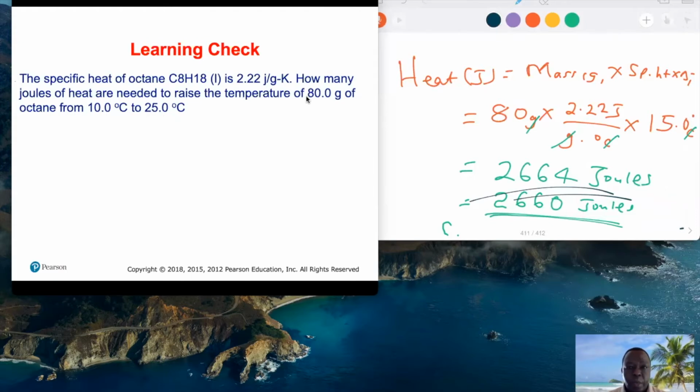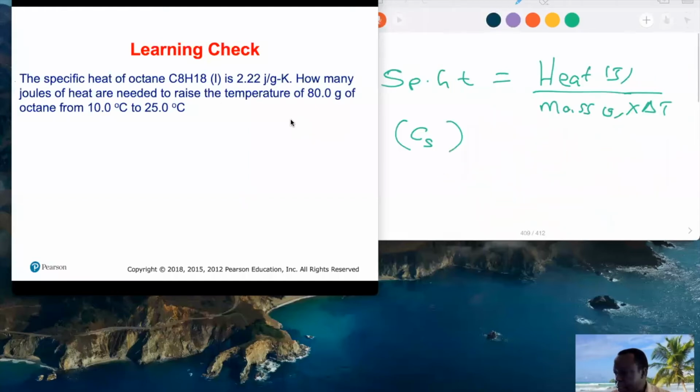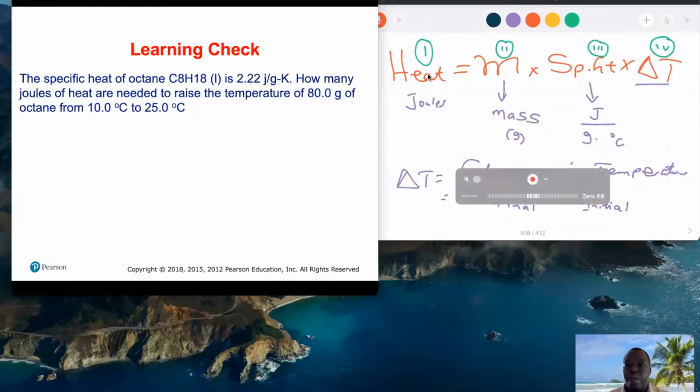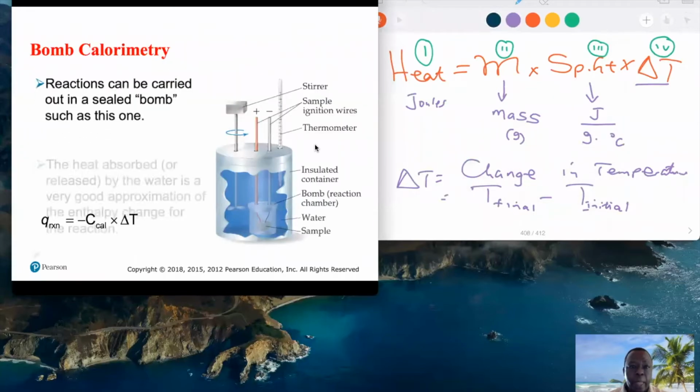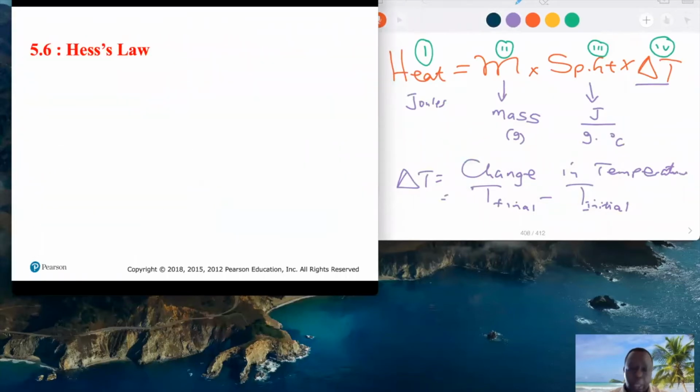Sometimes you may not be given the mass, but you have to determine the mass by factoring in the solute and the solvent for neutralization. This equation here, I'll give you in the exam. This is the equation I gave you, that if you have 3, you can calculate the fourth one, change in temperature. I didn't solve the neutralization problem last time.